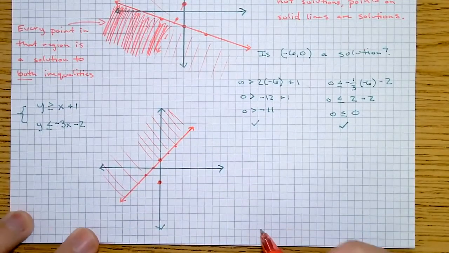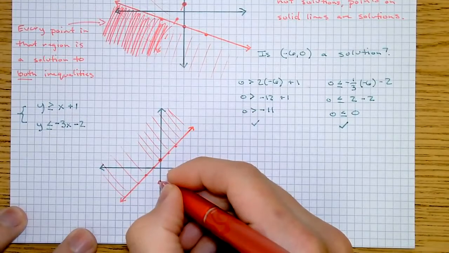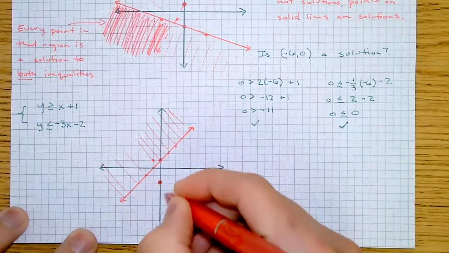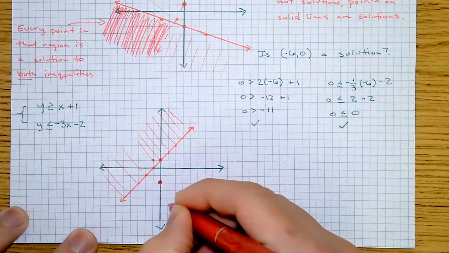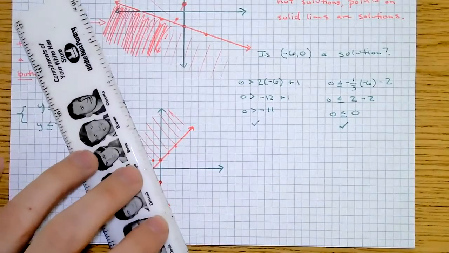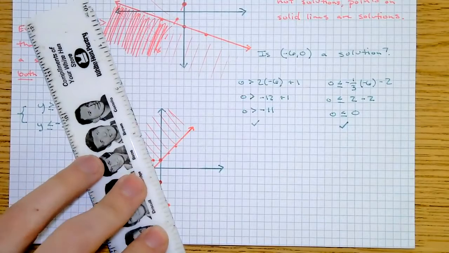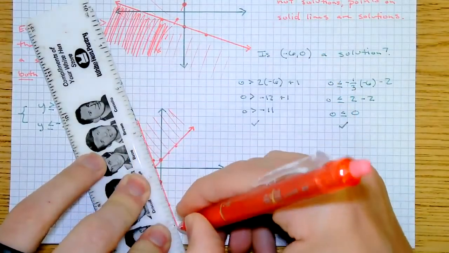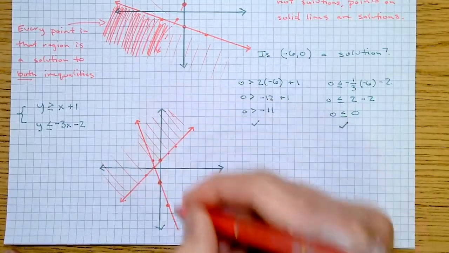Second one, y is less than or equal to negative 3x minus 2. I start with my y-intercept of negative 2. Then I have a slope of negative 3, so I go up 3 to the left one or down 3 to the right one. It's going to be a solid line again.